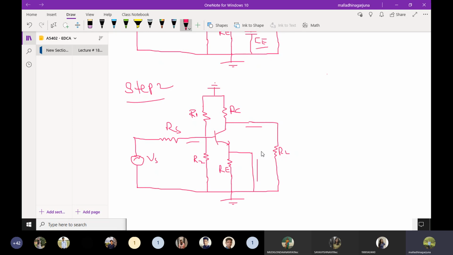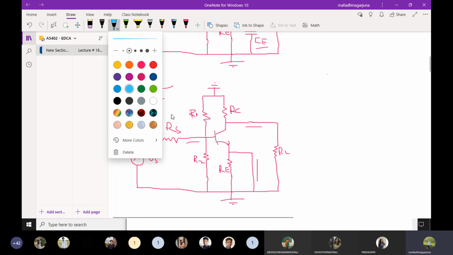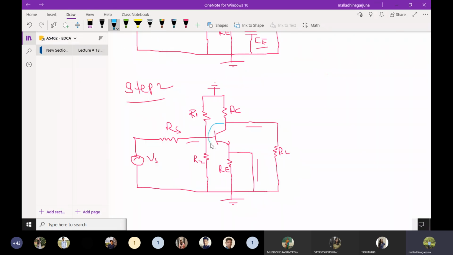An active component is a component which can generate energy on its own. So in this circuit diagram, the active component is nothing but the transistor. This is the transistor. This is the active component.